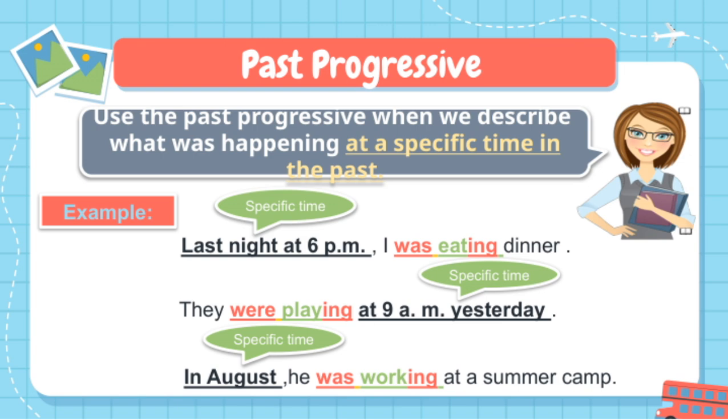This sentence highlights an activity that was happening at a precise time yesterday morning. Then there's, last night at 6 p.m. I was eating dinner. This example shows how the past progressive can describe what someone was doing at a specific moment in the evening. Overall, the key point is that the past progressive helps us emphasize the ongoing nature of actions at specific past times, making our storytelling more precise and vivid.